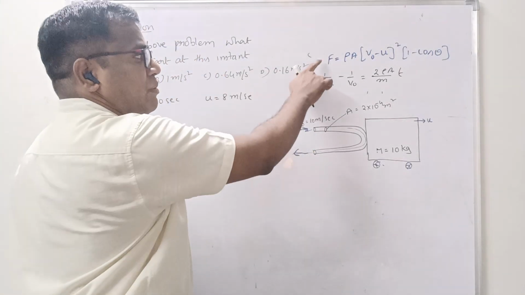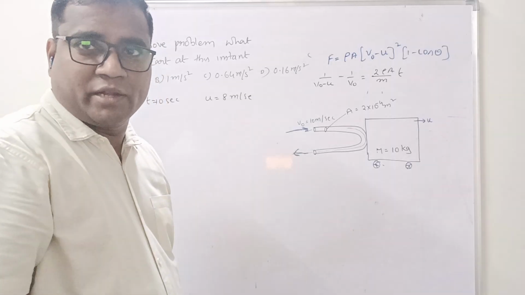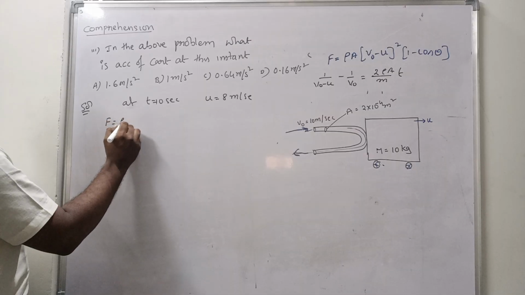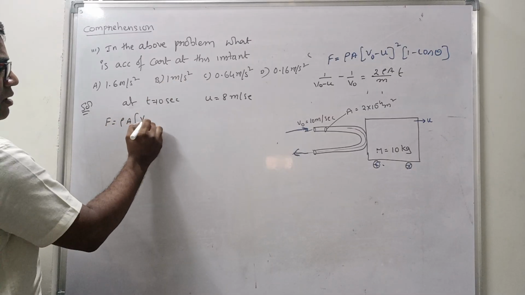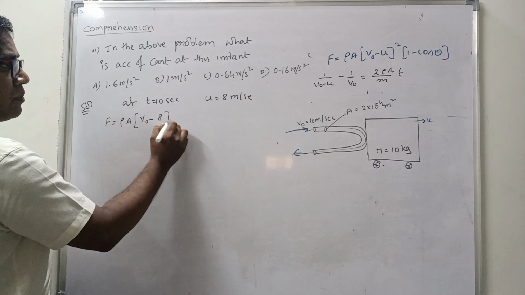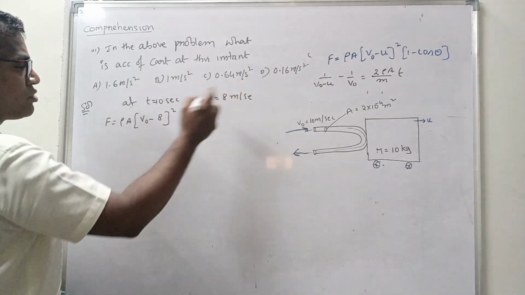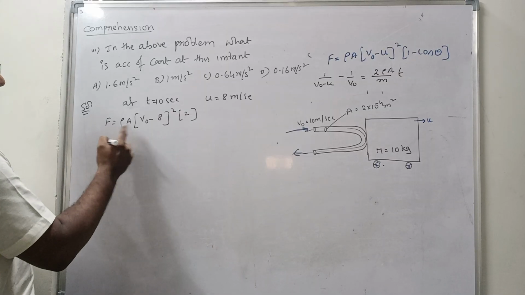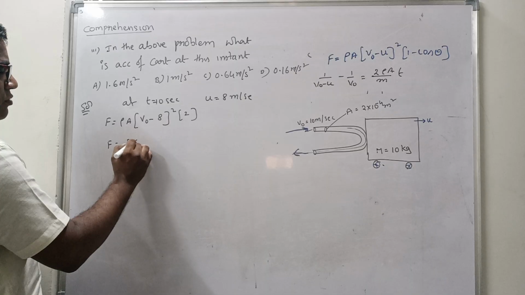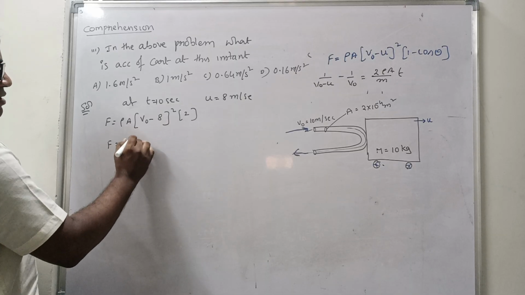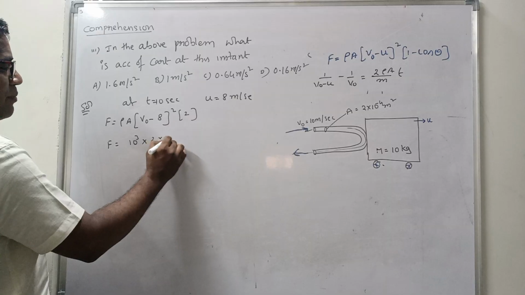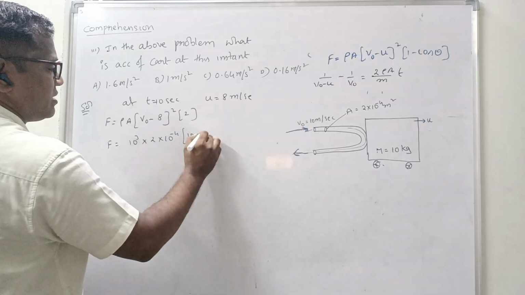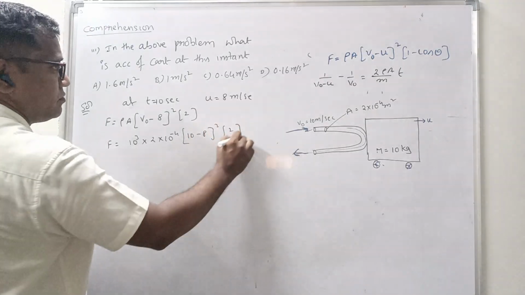We already know the force formula. We will substitute and find the acceleration of the cart. F is equal to rho A into V naught minus U whole square into 1 minus cos theta, which we already know is 2. So F is equal to 2 into density 10 power 3, area 2 into 10 power minus 4, and V naught is given as 10, minus 8 whole square, into 2.